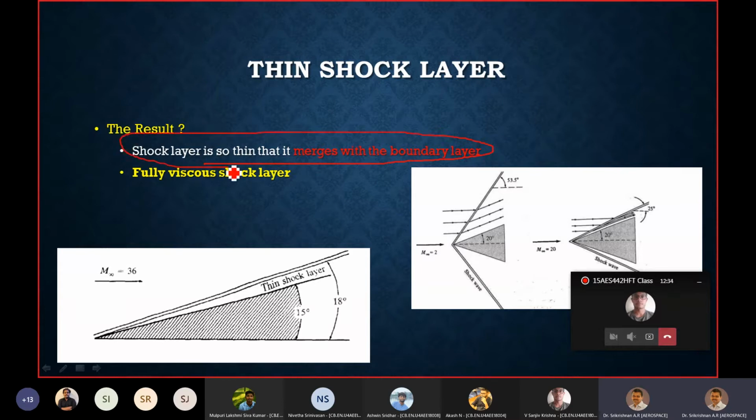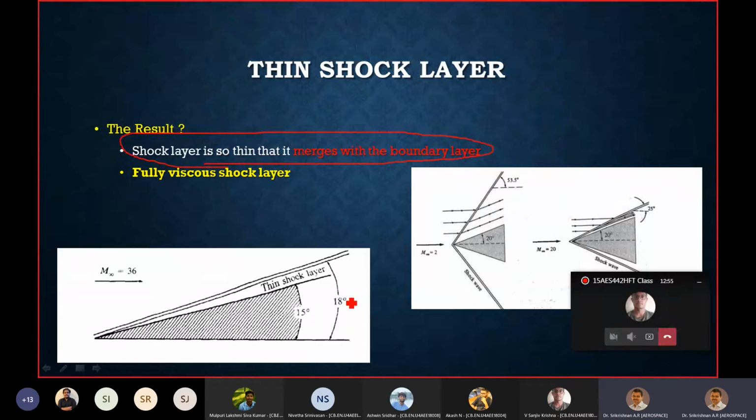So we know what the boundary layer is. We now understand what the shock layer is. When the Mach number is increasing, the shock layer becomes so small that it approaches the thickness of the boundary layer, which means that now the shock layer becomes a highly viscous region.